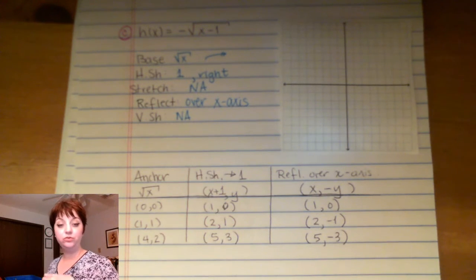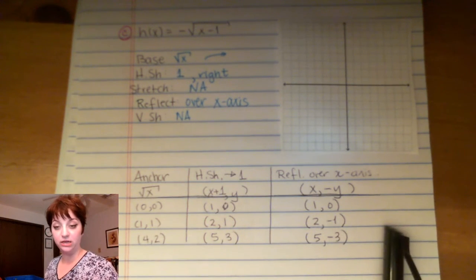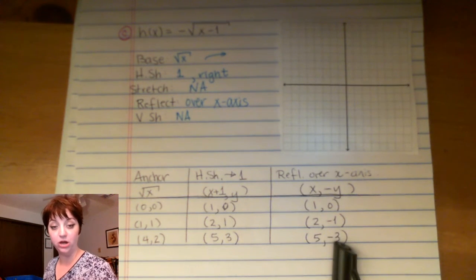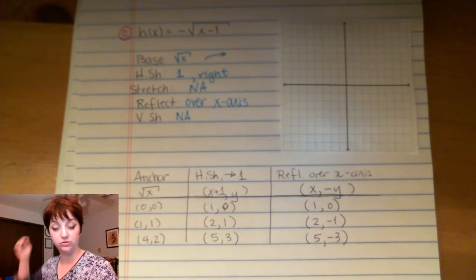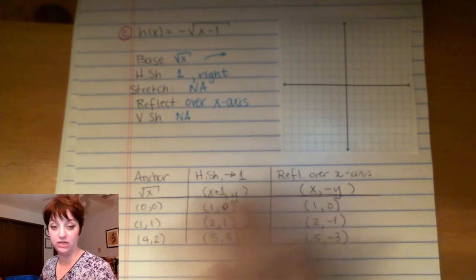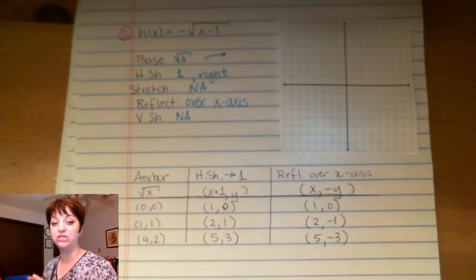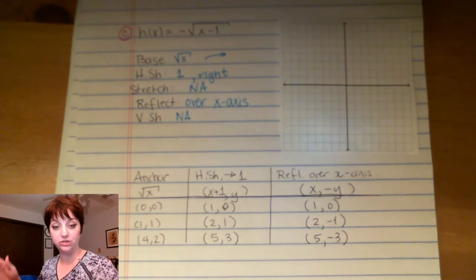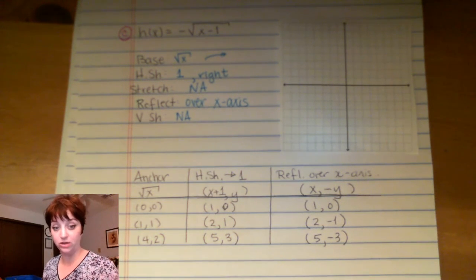So if you do this table technique, you can just graph these 3 points and you're done. You don't have to do each individual step on your graph as long as you have this table done. I'm going to be looking for something that indicates you applied the transformations in the correct order.